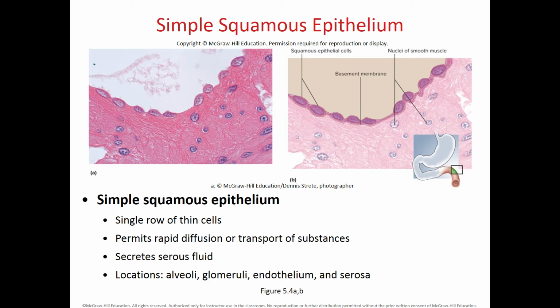So locations of this simple squamous epithelium will be the chambers in our lungs that we call the alveoli, the functional unit of the kidneys that we call the glomeruli, the lining of the blood vessels that we call the endothelium, and the lining of the membranes within our peritoneal cavity that we call serosa.